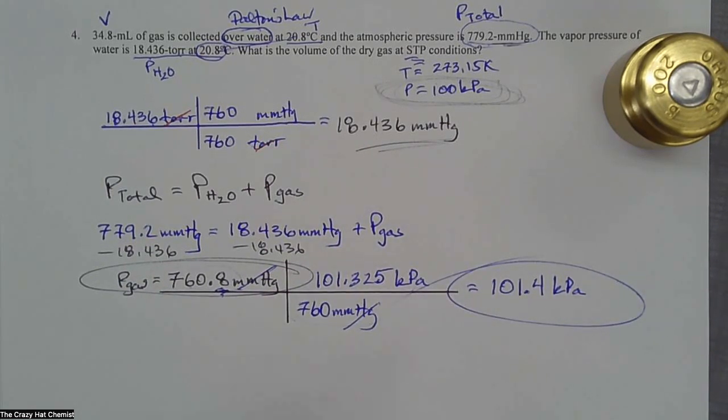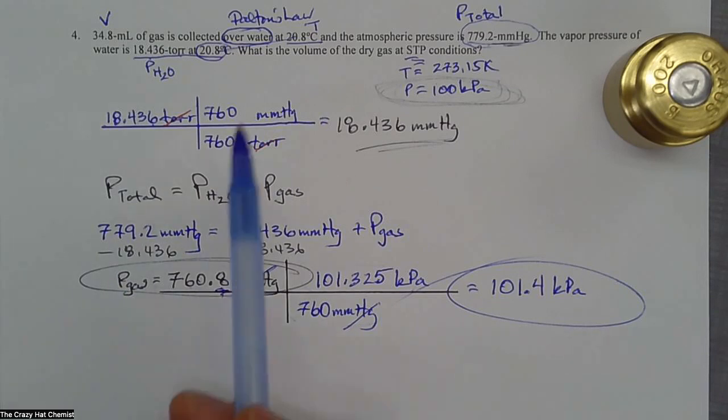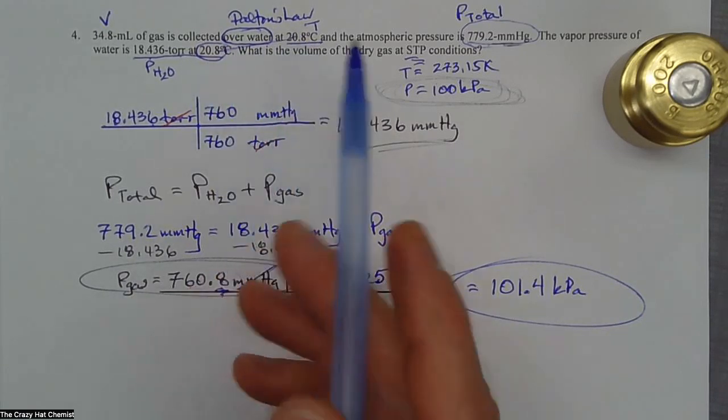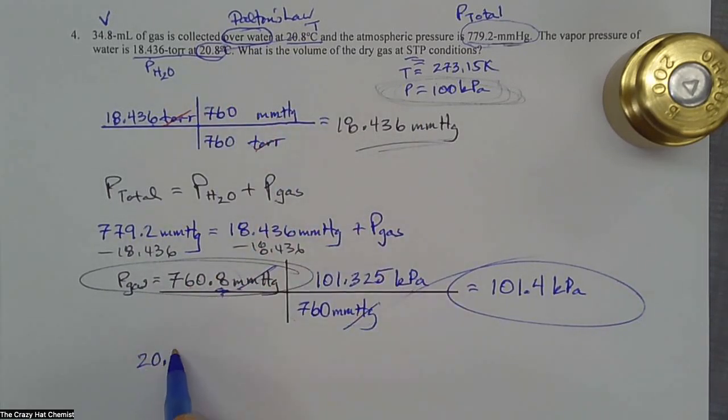Now I have the pressure of just the gas in the correct set of units. Whew. All right, fantastic. One other thing we need to do is convert the temperature into Kelvin. So that's 20.8 degrees Celsius plus 273.15.